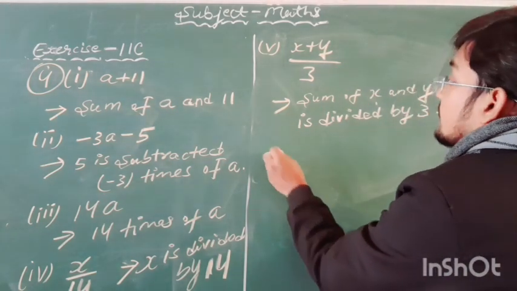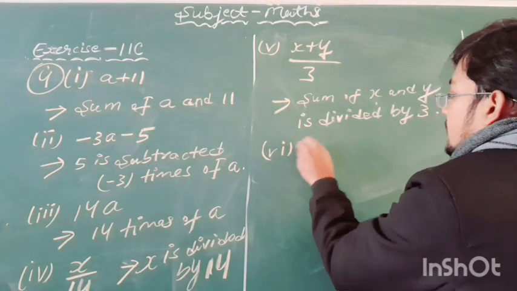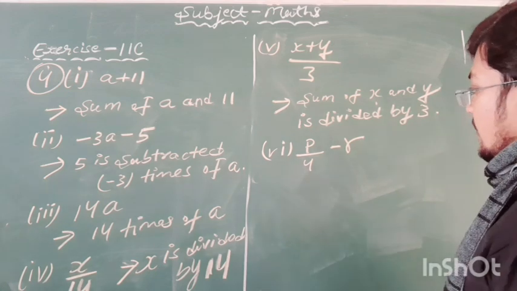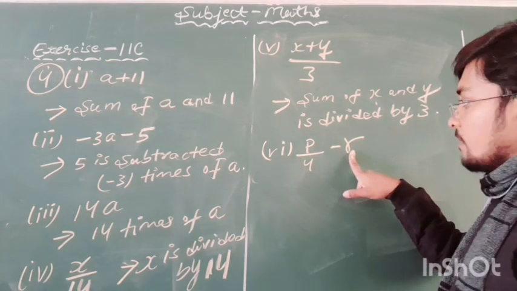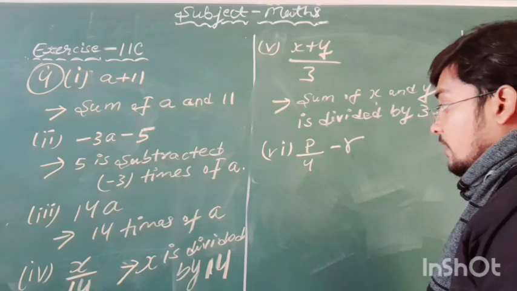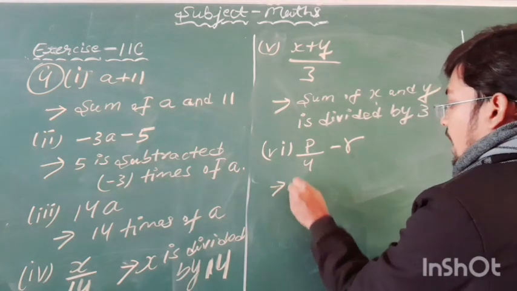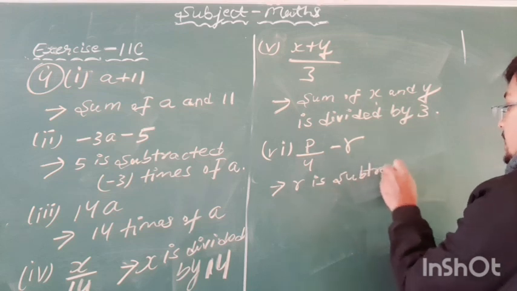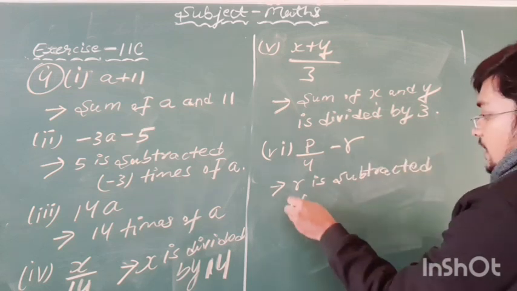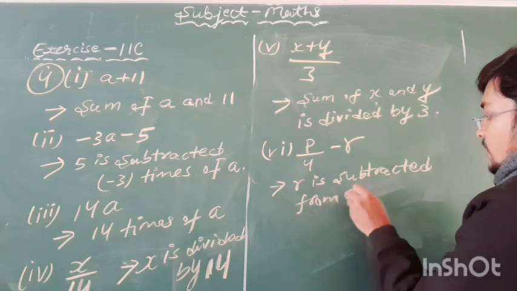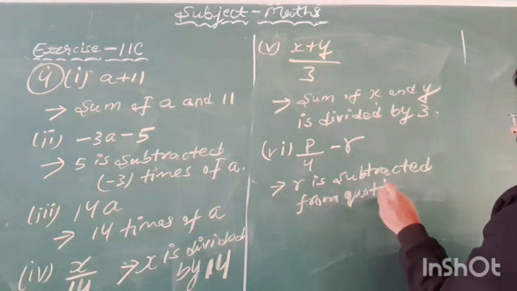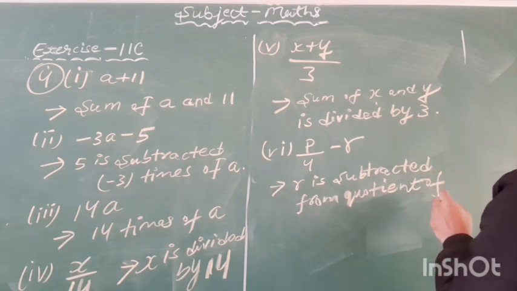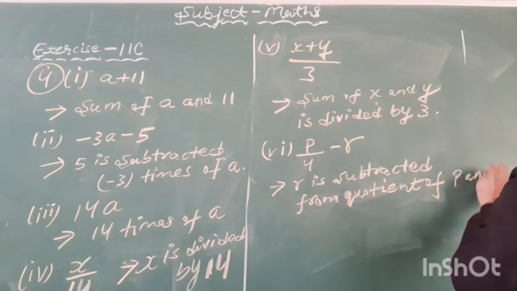And the last expression is p upon 4 minus r. Here r is subtracted from the quotient of p and 4. So we write: r is subtracted from quotient of p and 4.